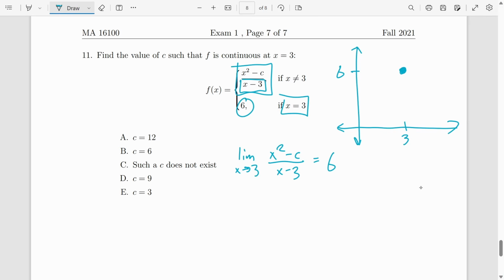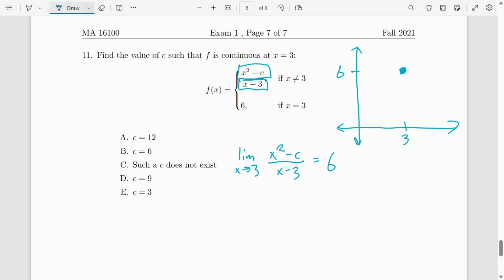I've done this type of problem before, and I had no idea what to do when I started out, but I thought about it and realized it's one of those problems where it's a difference of squares that you break up, you simplify into two terms, and then one of those terms is going to be x minus 3 that you can cancel out.